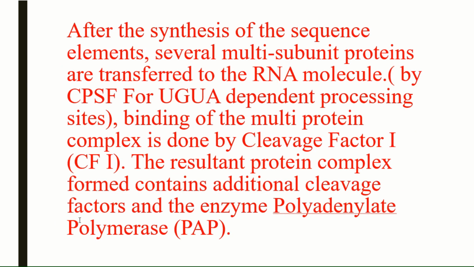After the synthesis of the sequence elements, several multi-subunit proteins are transferred to the RNA molecule by CPSF and UGUA-dependent processing sites. Binding of the multi-protein complex is done by cleavage factor 1 or CF1. The resultant protein complex contains additional cleavage factors and the enzyme polyadenylate polymerase or PAP.